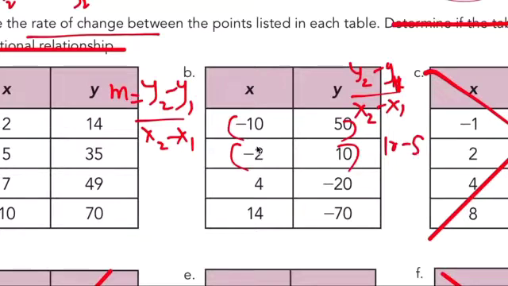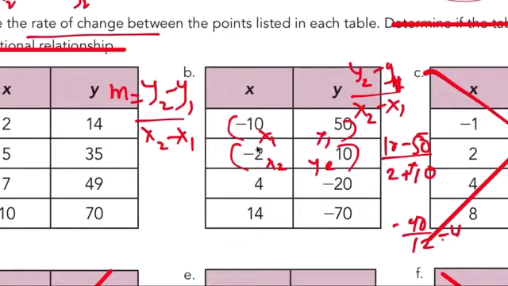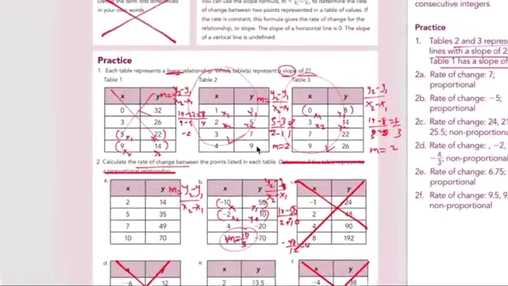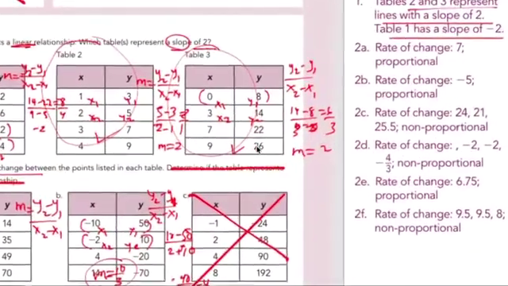10 minus 50, it's x sub 1, y sub 1, x sub 2, y sub 2, which is negative 40. 2 minus negative 10, add. That's 12. Divide by 4. Get 10 over 3. Is your slope here for B. Let's see what it says. Negative 5.